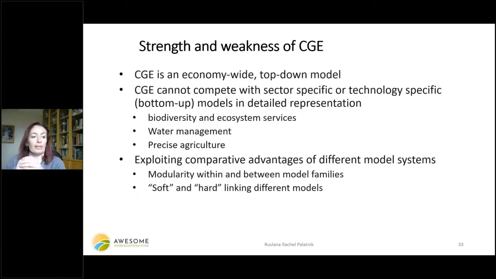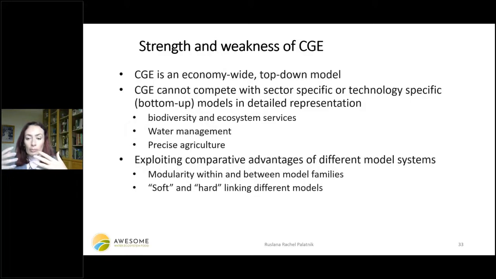Therefore, when we can collaborate with different models, it basically allows bottom-up models to have the broader view, the interlinks that CGE allows for, and for our top-down modeling exercise to be more specific or accurate on the results for sector-specific and technology-specific analysis. Okay.